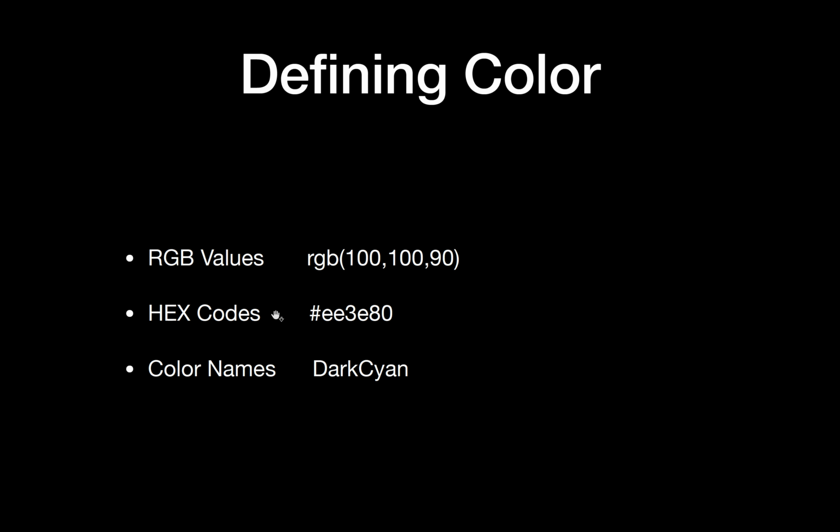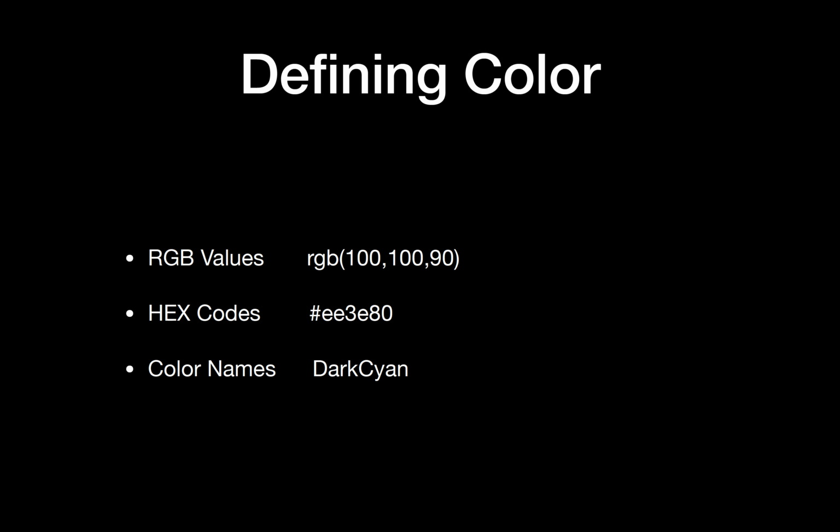You can define it through a hex code. So again, having a hex code color chart, very handy. Hex codes are those 6 digits and letters that refer to a color. And then CSS recognizes a good range of color names, okay? So if you want to look up CSS color names, there's charts for that online as well.